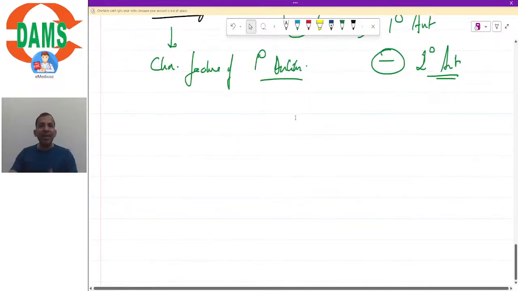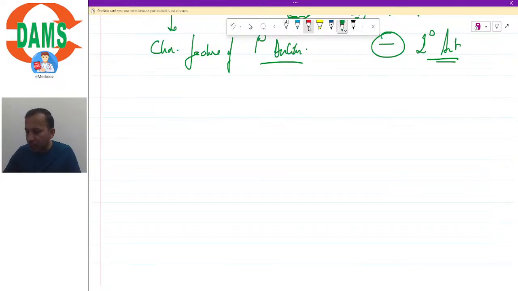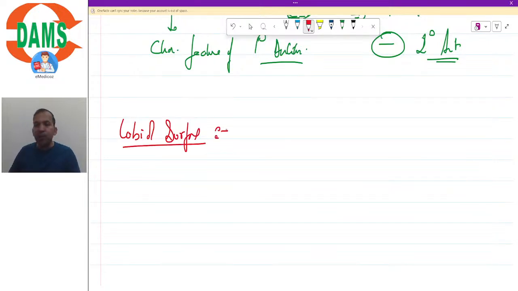Now if we talk about the labial surface on the whole, do you think there is a difference between the lateral incisor and the central incisor and the canine? Now when you take a look at the central incisor, the labial surface appears almost straight, isn't it?